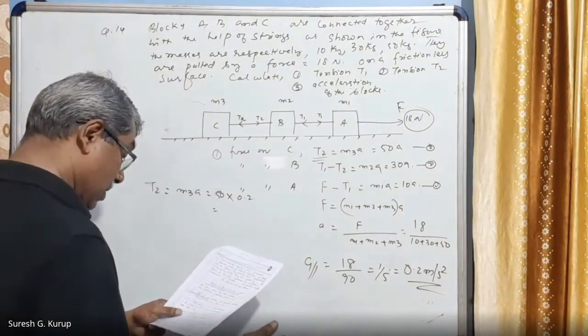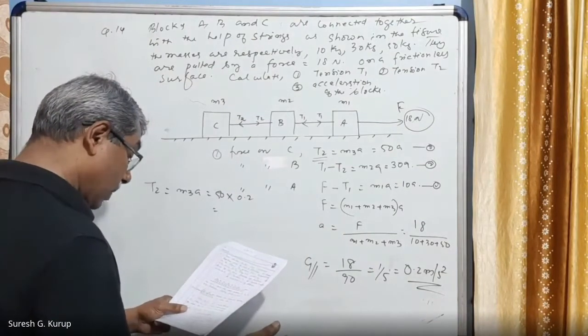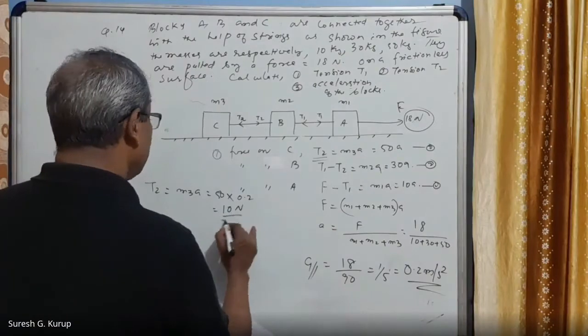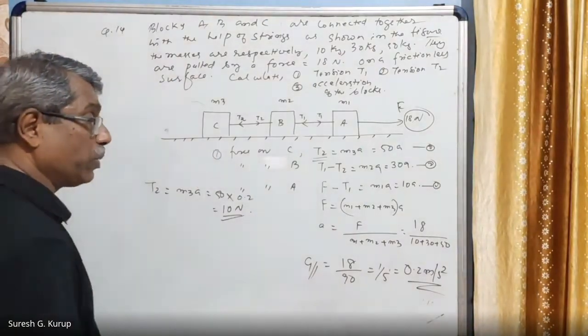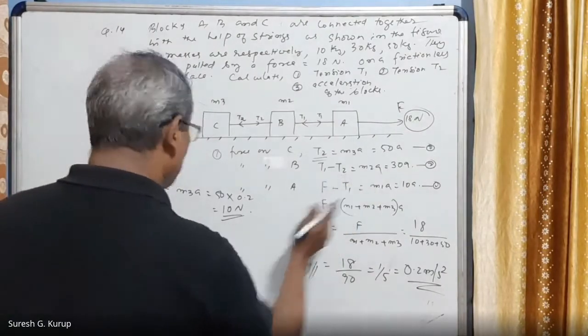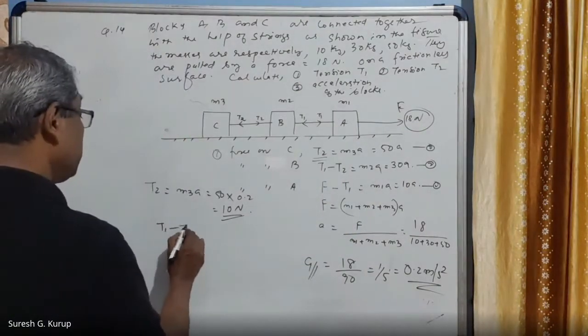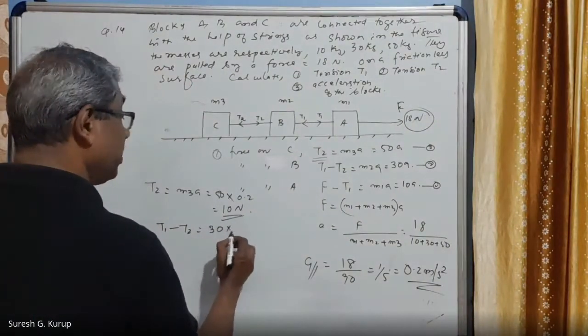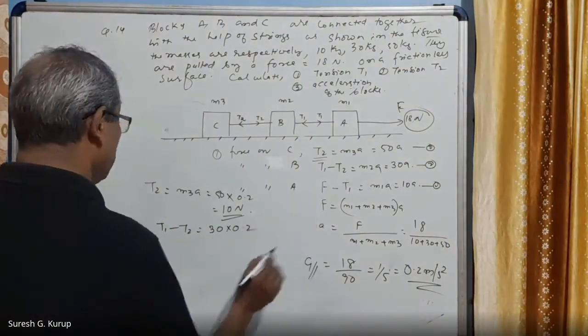Am I correct? That is equal to 10 Newton you will get. The value of T2 is found. Now we'll put T1 minus T2 is equal to 30A. 30A means 30 into 0.2.